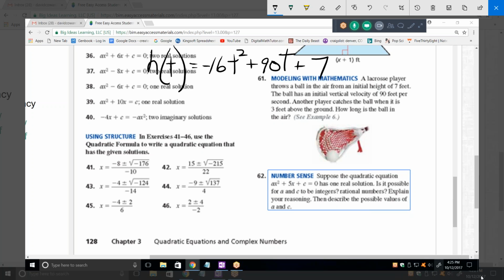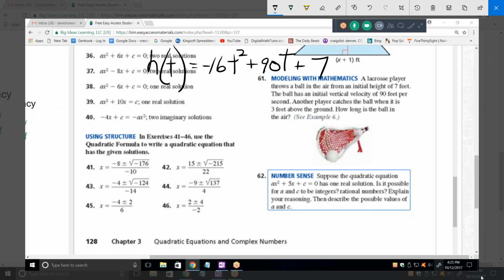Now, does that function make sense in our case? If I make t equal 0, then it should give us the initial height, right? Yeah. And it does. Gives us 7.